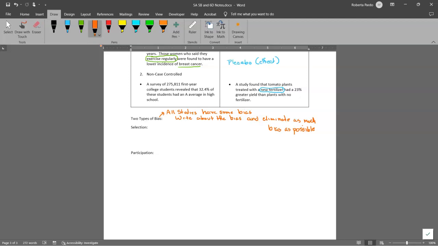Again, there are two that are specifically talked about in the text, selection bias and participation bias.